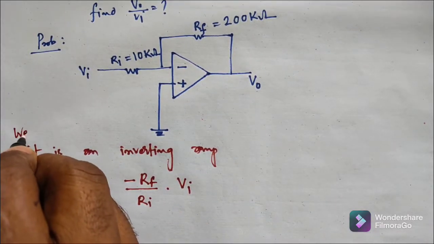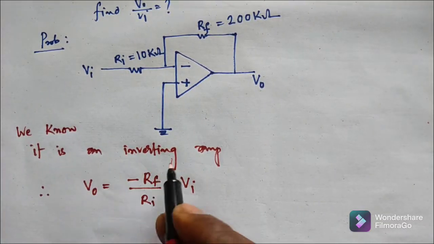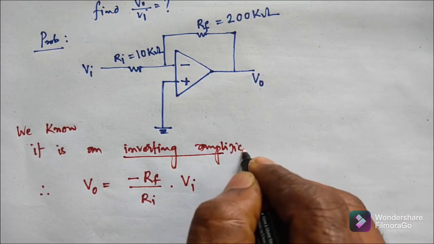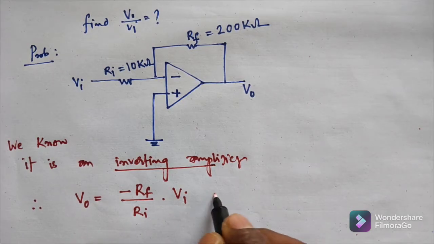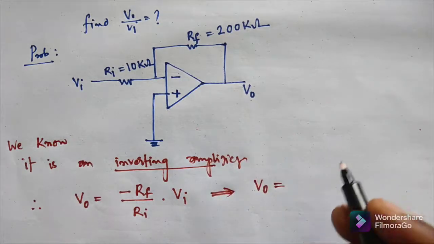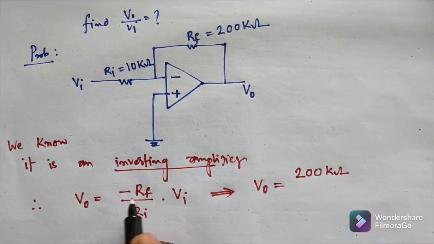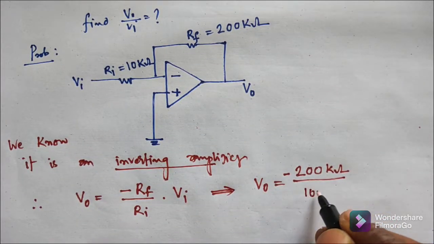In previous videos I already explained the derivation for the inverting amplifier. So directly you can substitute: V0 is equal to minus, where the Rf value is 200 kilo ohms, by the Ri value of 10 kilo ohms.